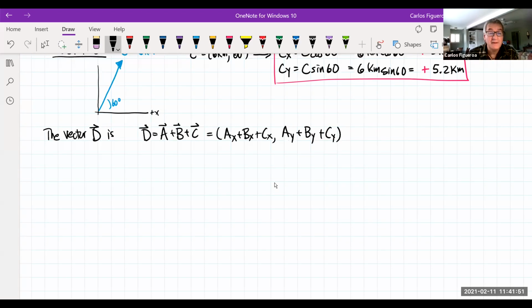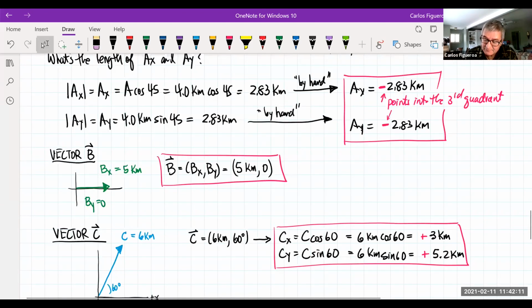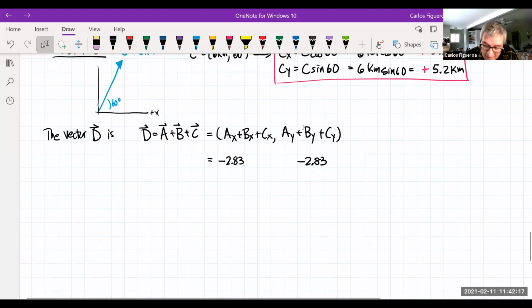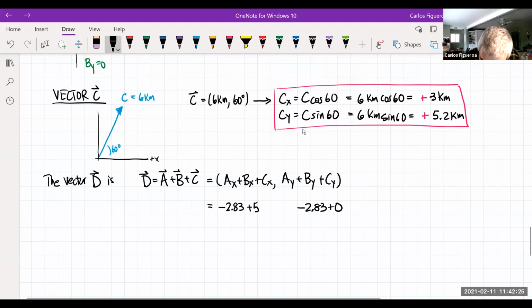So now I'm just going to start putting them in. I know that the A is minus 2.83. We just calculated that, right? Here's my A's. Now I'm going to look at B. You can see that B is 5 kilometers and 0. So this guy should be 5, and this guy should be 0. Then I'm looking at C now, and you can see that this guy is going to be 3, and this guy is going to be 5.2.